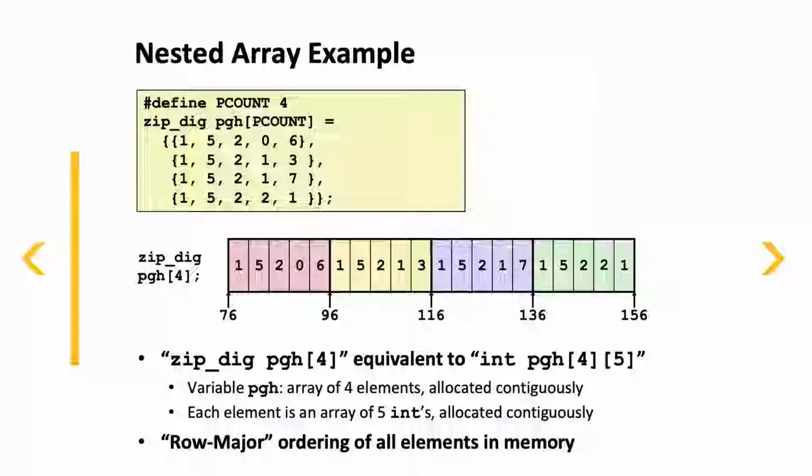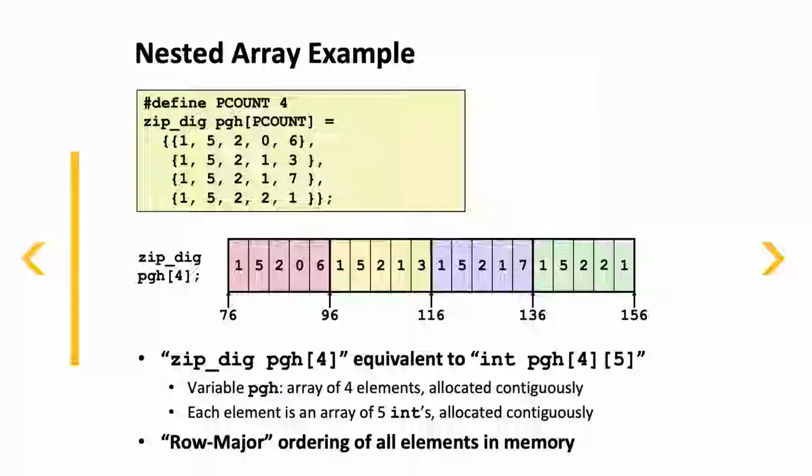So here we see an example of that nested array approach that I talked about. If we just declare zipDig, remember zipDig is that type that we defined earlier. That's just an integer array of size 5. And we call this PGH and give that a size as well.